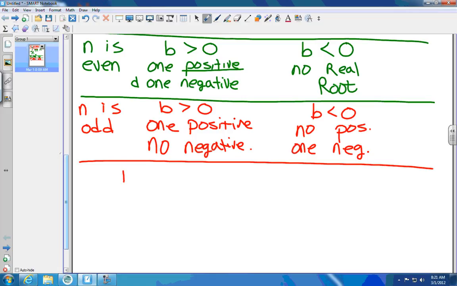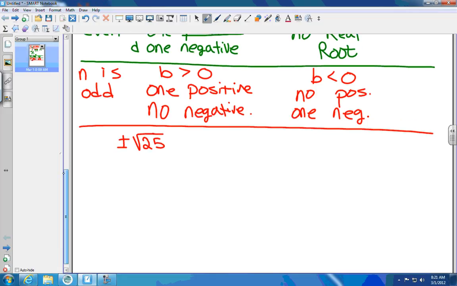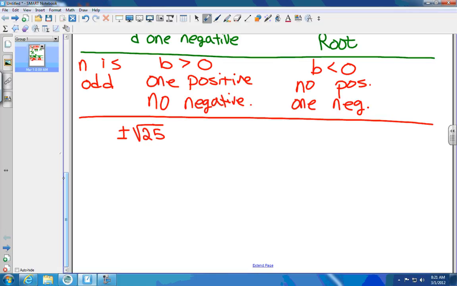They might have plus or minus square root 25. That sign out front doesn't have anything to do with what this answer is going to be. It might change what this answer will be later, but you still solve this part the same as you would any other time.